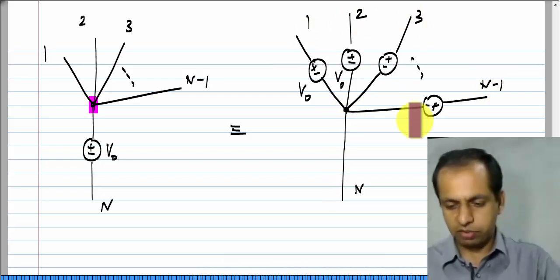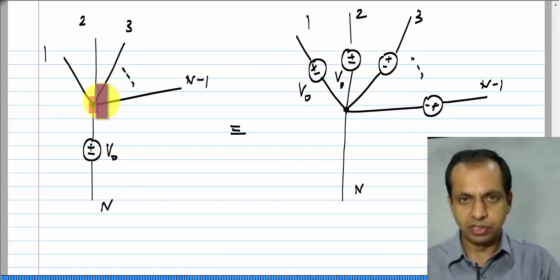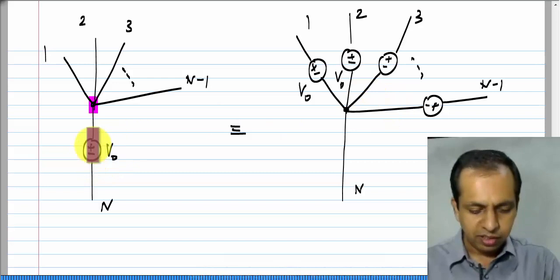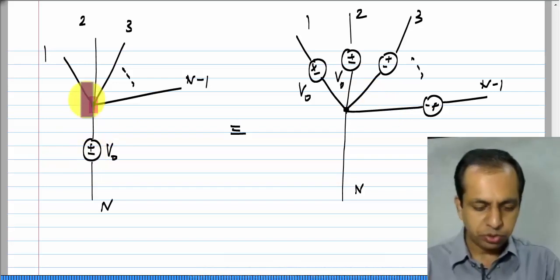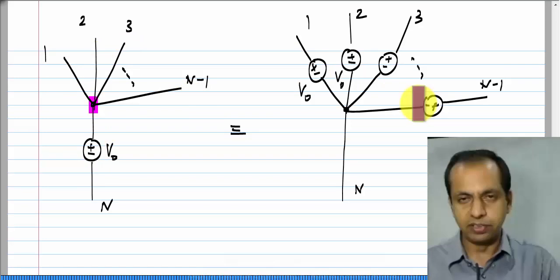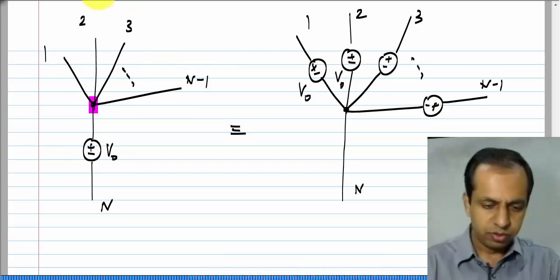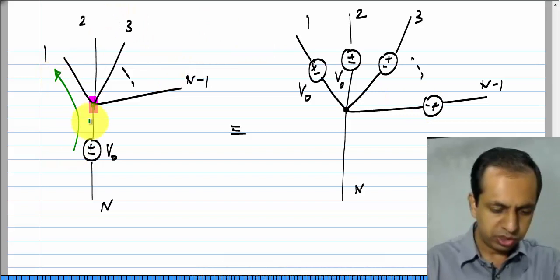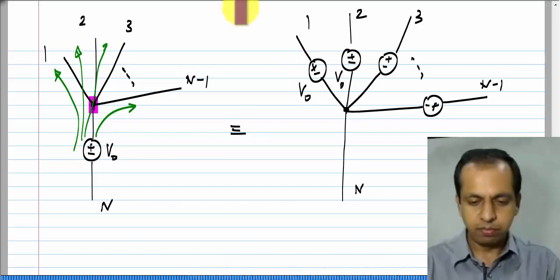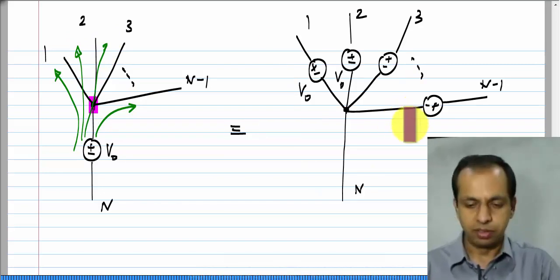We started from this and proved that it is the same as this, but the more interesting thing is to go from here to there. You can see that in this case, this voltage source has been pushed into this branch, that branch, that branch and that branch to get this. So, we take this voltage source, push it there, push it into that one, push it into that one and push it into that one, we get this particular picture.